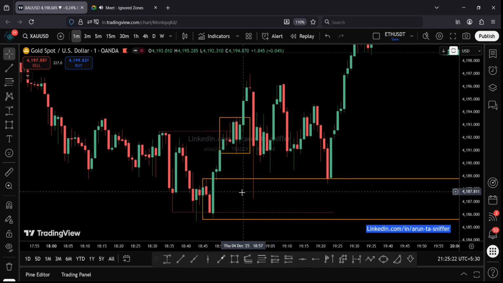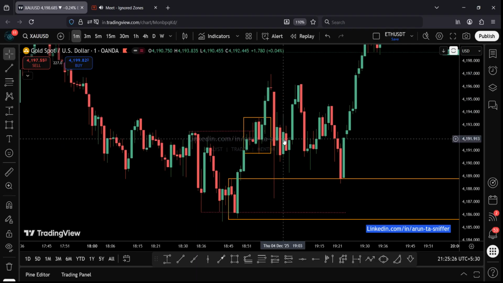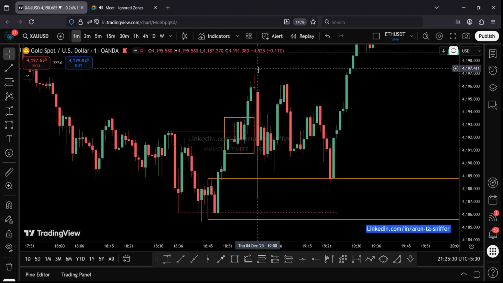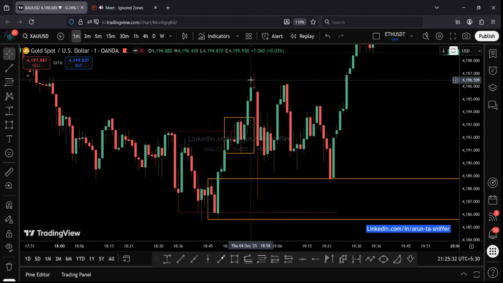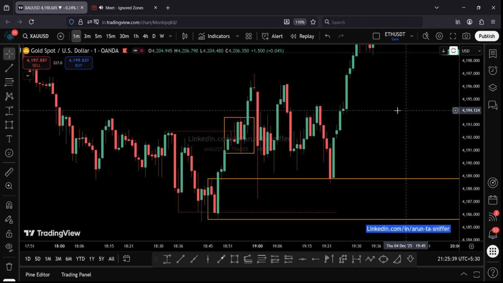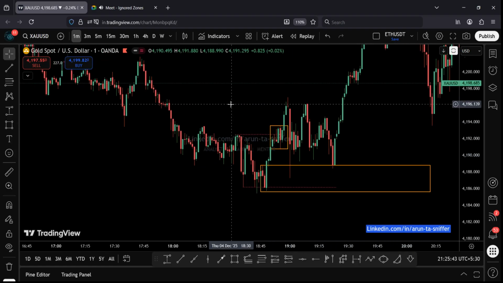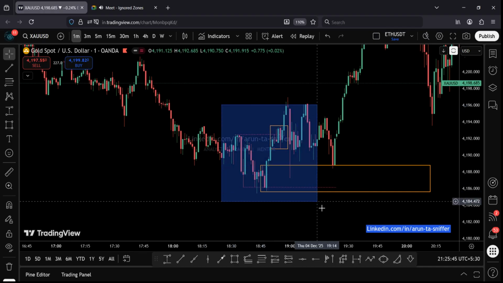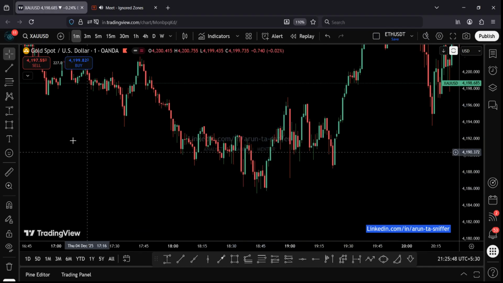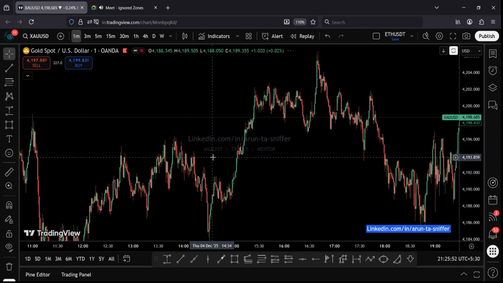This price should come back to here and then go up, but this did not happen. So what happened? Price goes up without coming back here. That's why it then came back again to this zone and then went up. Right? This is one example, and I'll find more so you can understand clearly.